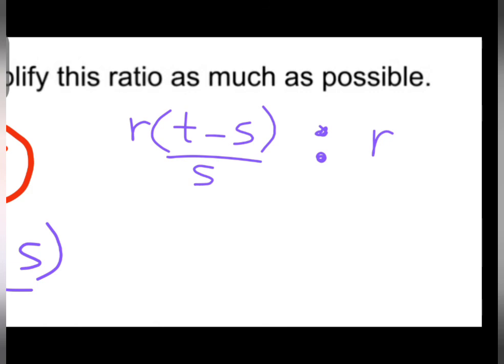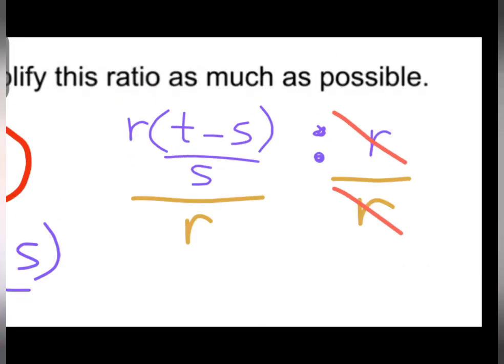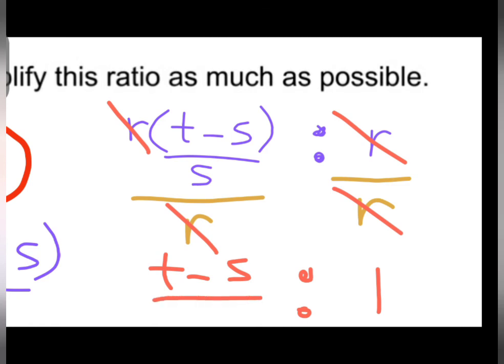Because we have R here and R here, we can divide both sides on R. So it's going to be like this. Divide R and divide R. And then when we simplify, R divided by R equals 1, and then we put the two dots of the ratio, and then R goes with the R, and it equals T minus S divided by S.